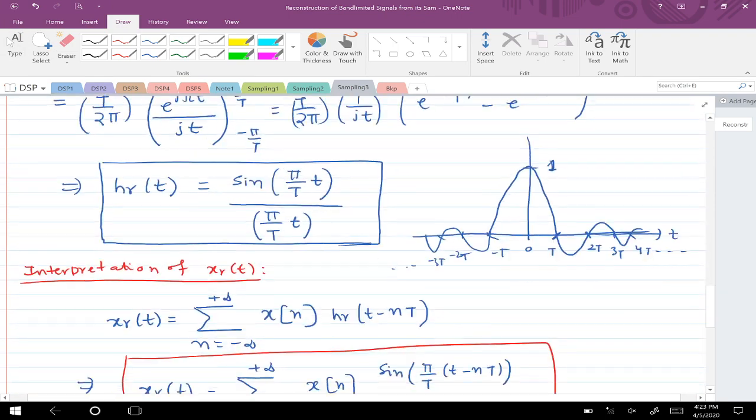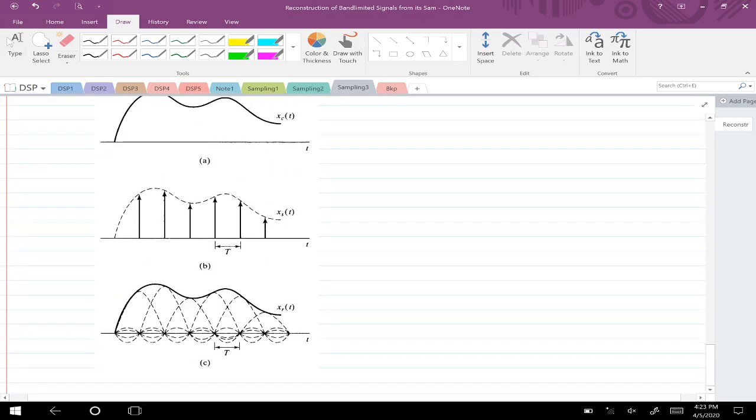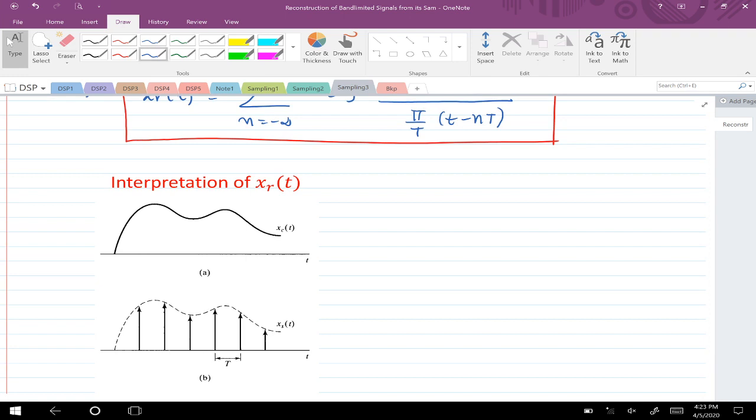So XR of j omega is obviously equal to the reconstruction filter HR of j omega multiplied with Xs of j omega, and then Xs of j omega you could write in terms of X of e power j omega.